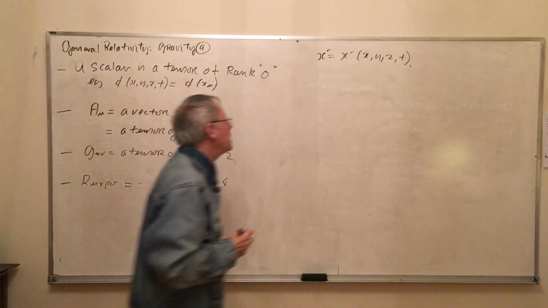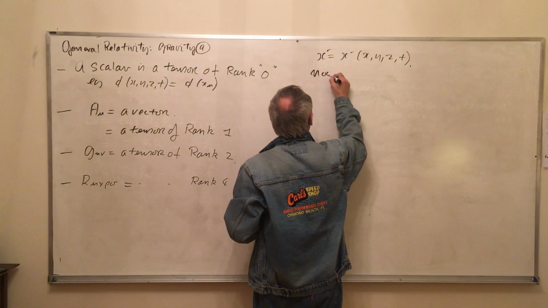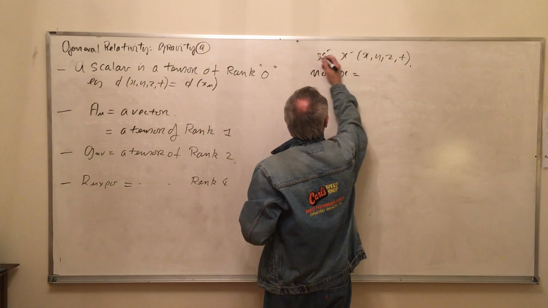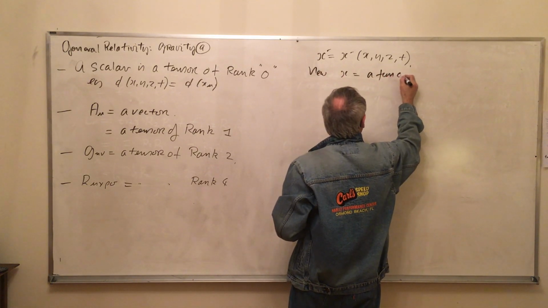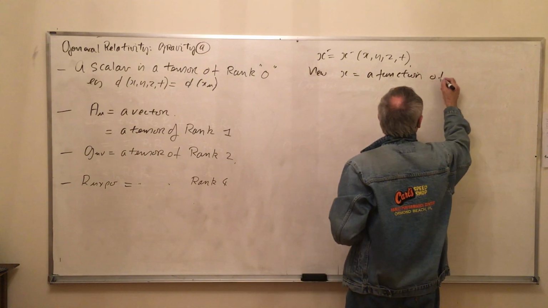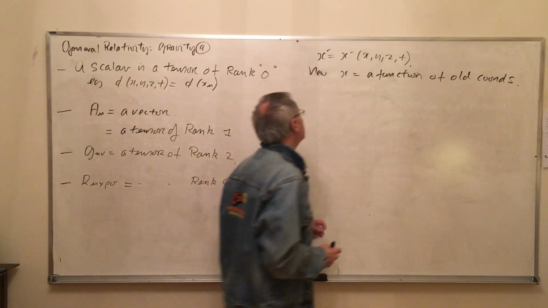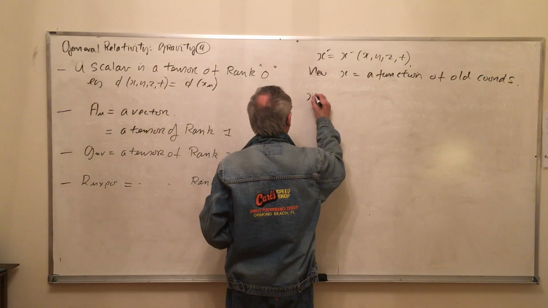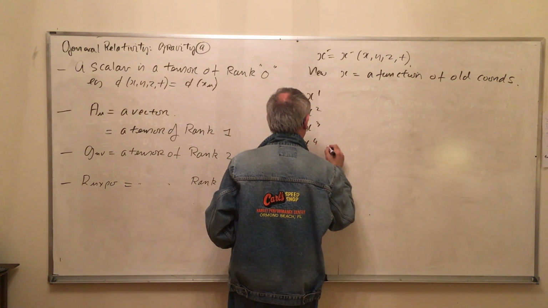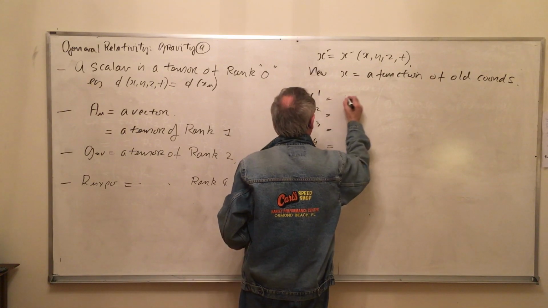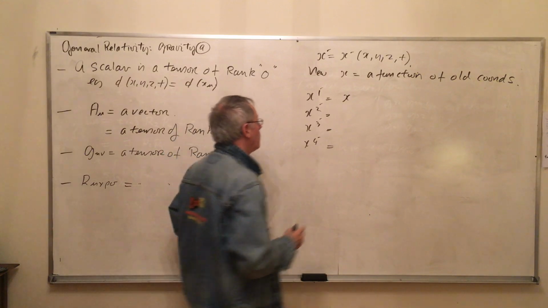Now suppose we have x' as a function of the old coordinates. And in fact, every x^i', we put dashes on these to make sure you know that they're new.